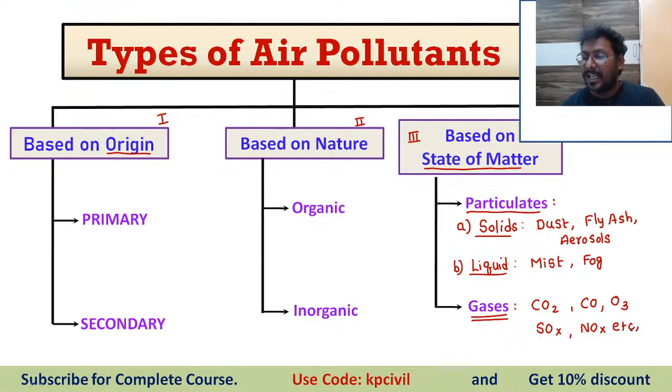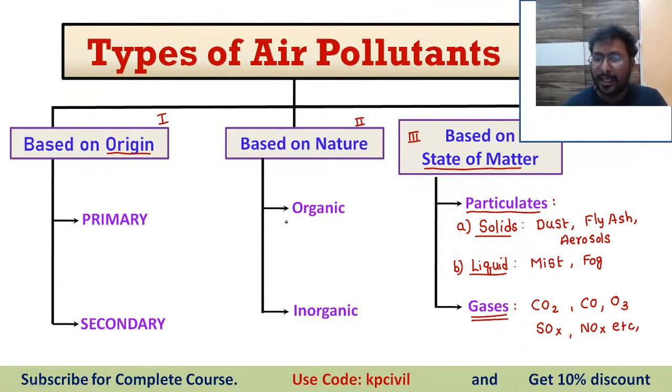Before I give this classification, frankly speaking, most people will feel an air pollutant is a gas and a chemical molecule only. But remember, an air pollutant is not only a gas, it is solid, liquid and gas, and not only a chemical molecule, it may be a physical, chemical and also biological agent.